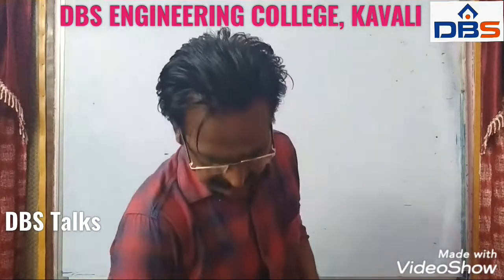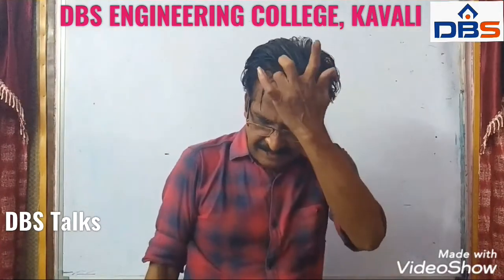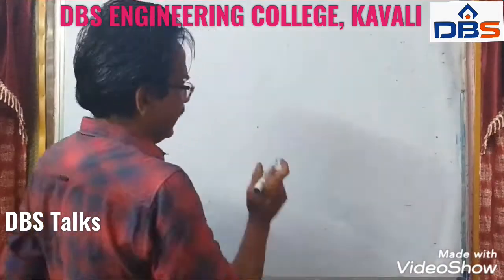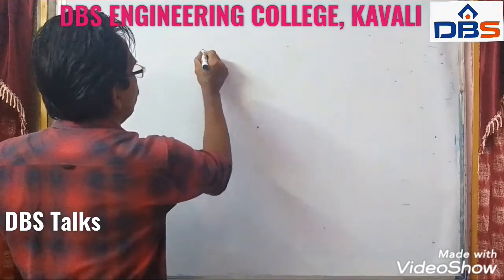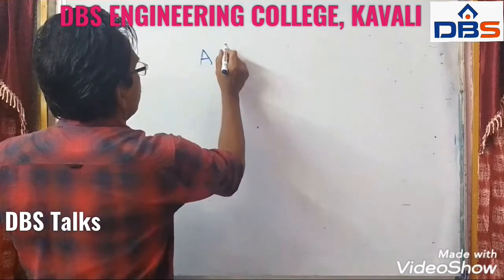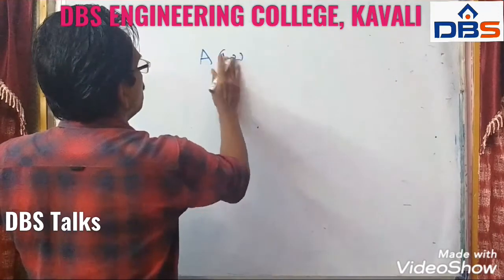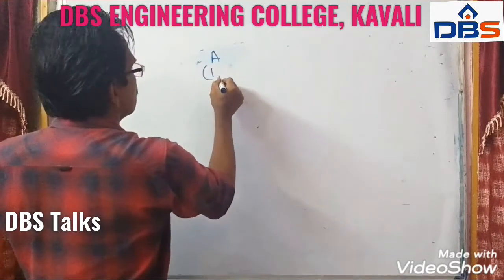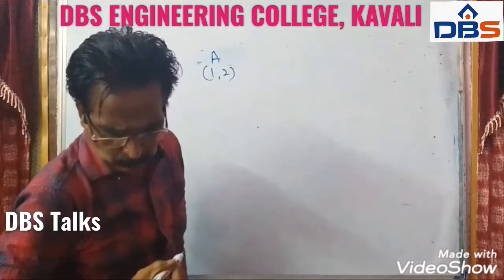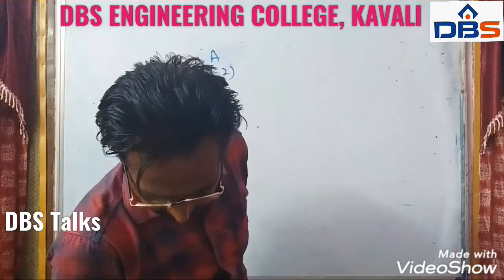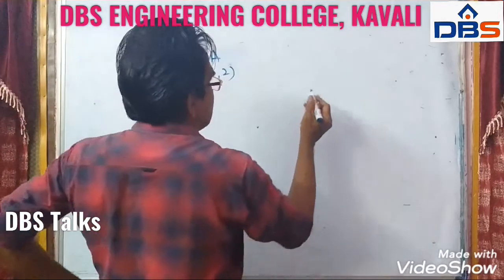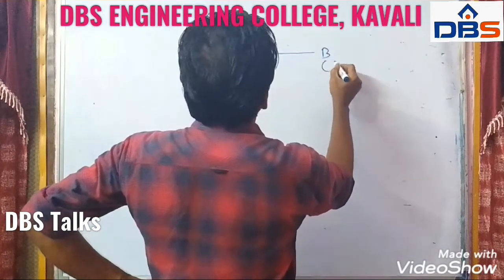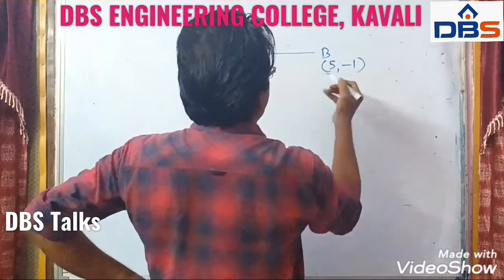And friends, find the equation of the perpendicular bisector of A(1, 2) and B(5, minus 1).